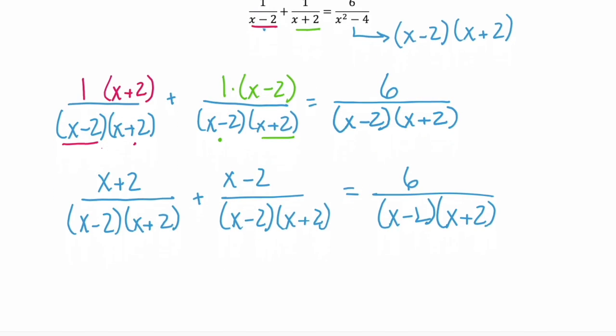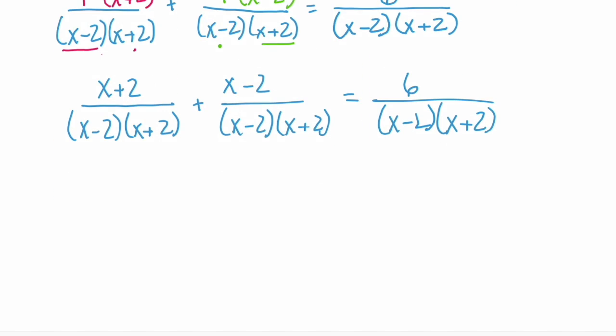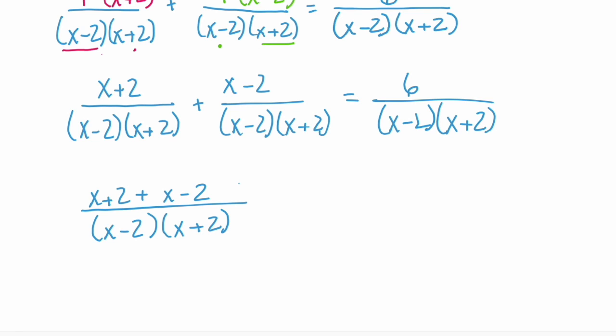Now we can combine the like terms on the numerators on the left-hand side. Because the denominators are the same, we'll combine them and they'll have that same denominator of x minus 2, x plus 2, and we add the numerators. x plus 2 plus x minus 2.